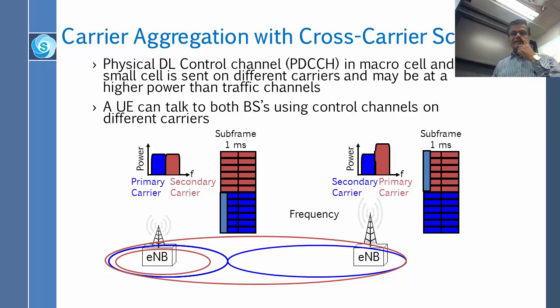Carrier aggregation with cross carrier scheduling. Now we already saw carrier aggregation, but now there is basically a little bit more complicated one with cross carrier scheduling. So what we are going to do is that there is a control channel.